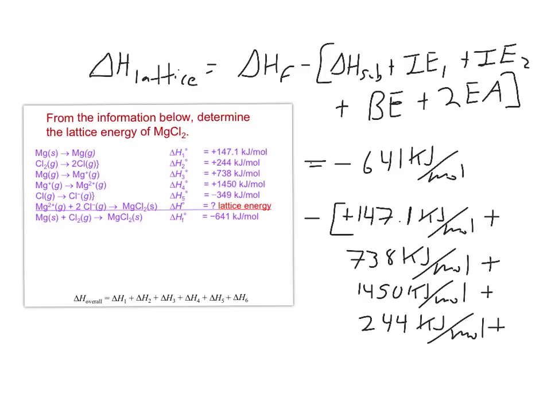Next, the chlorine is monoatomic, becoming an anion, chloride. That's an electron affinity, but it happens twice.